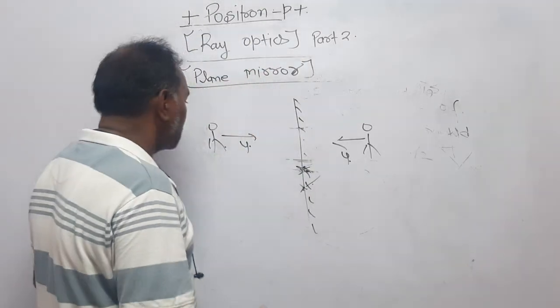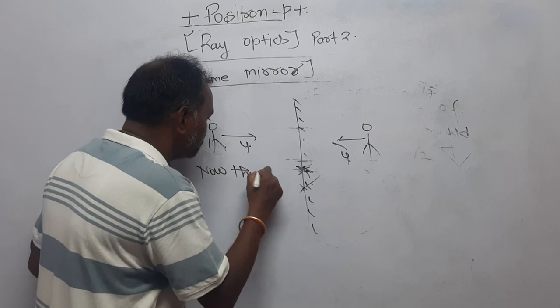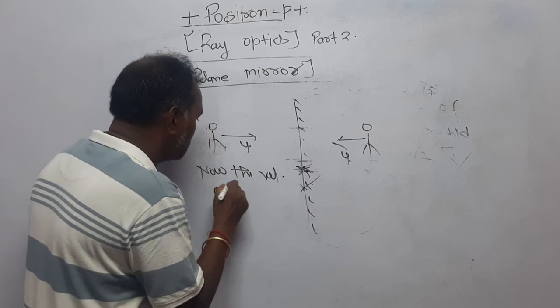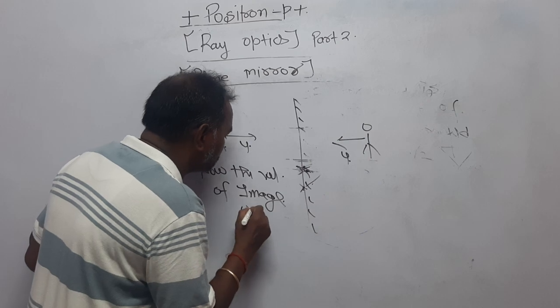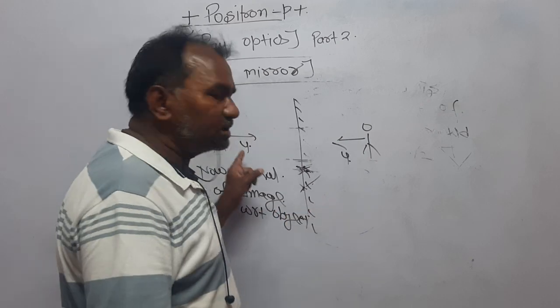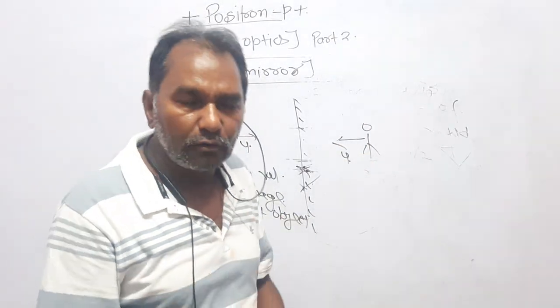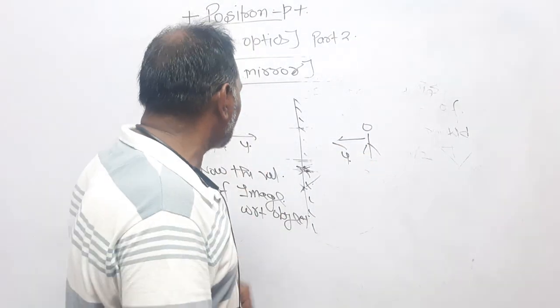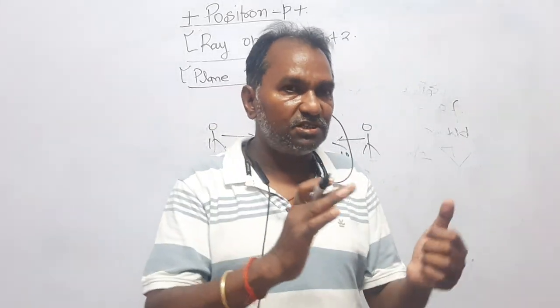In this case, now the velocity of image with respect to object, either it is moving towards or away from the mirror, right? In both the cases, look here, the object and image will move opposite to each other, right?